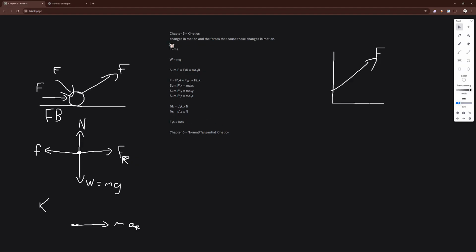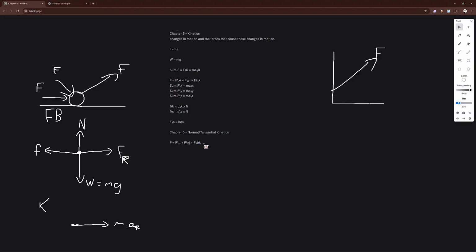So this is all the same. We're just going to be saying now that instead of breaking F into these components, we're going to break F into Ft, Fn, and Fb. B is binormal, so that's like your three-dimensional direction.